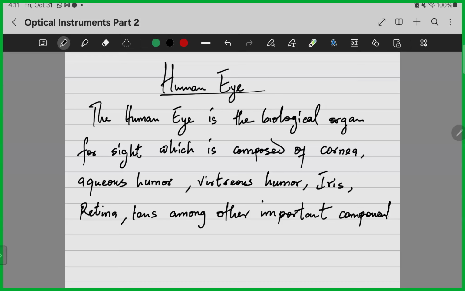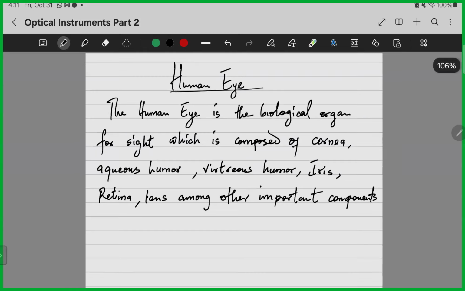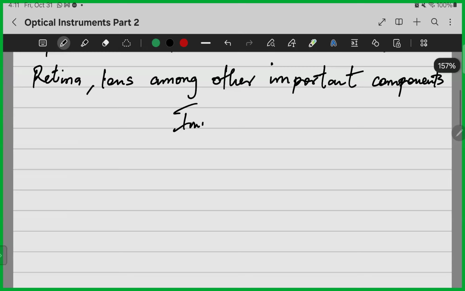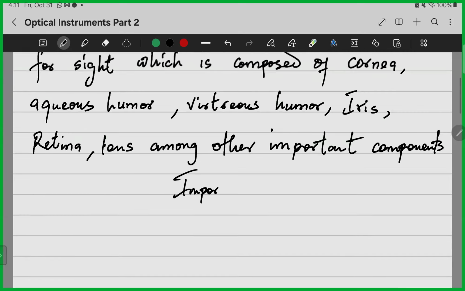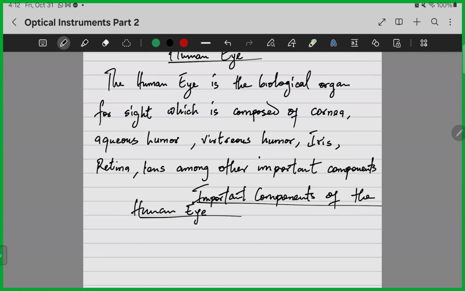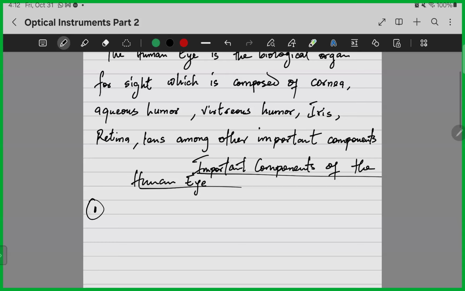Now, in order for me not to be abstract, let me quickly talk about the important components of the human eye. Number one, I'll make mention of the cornea.